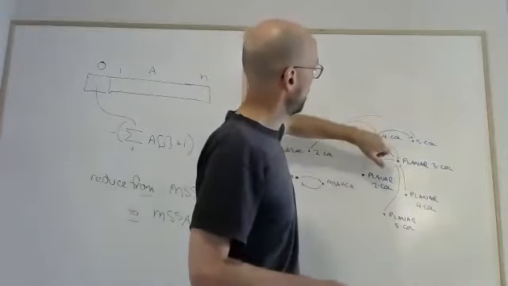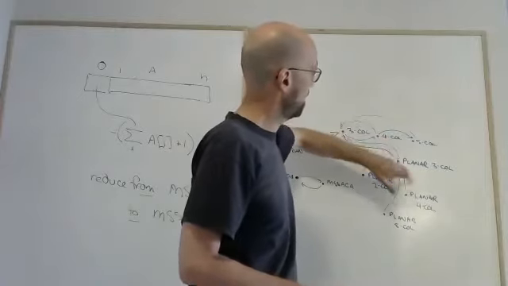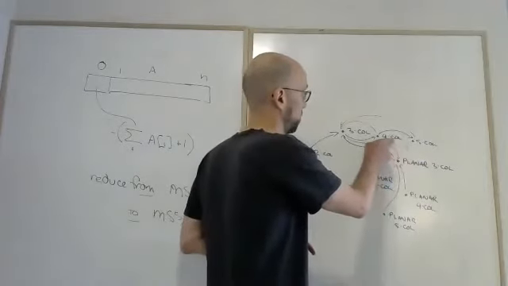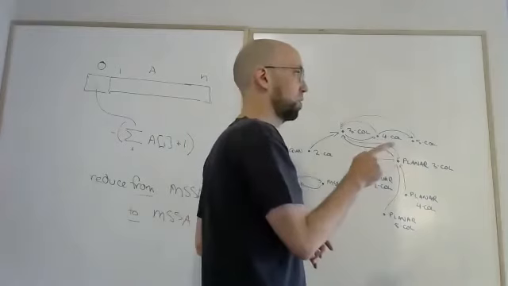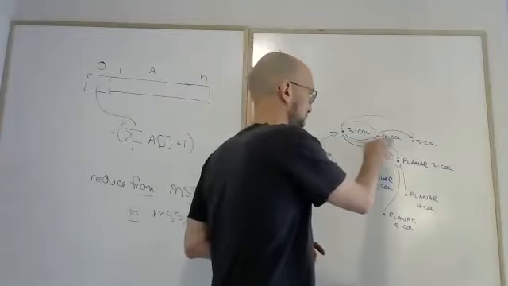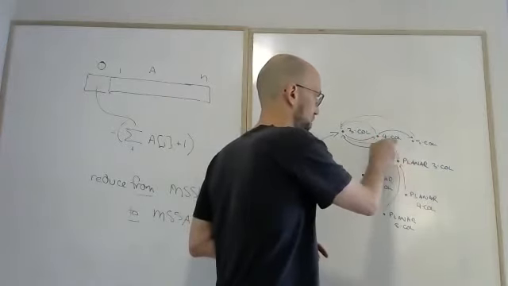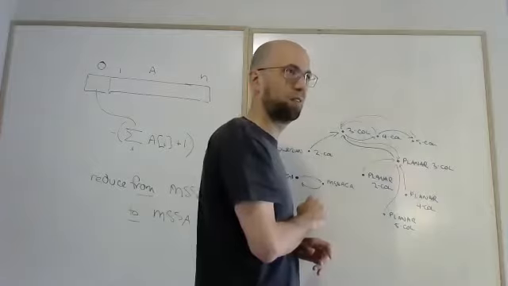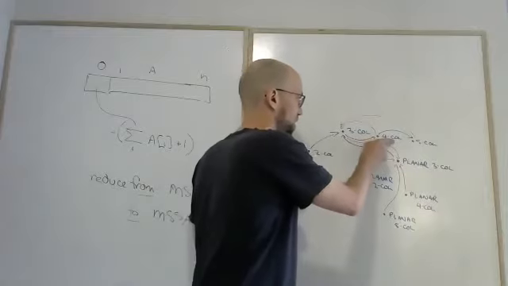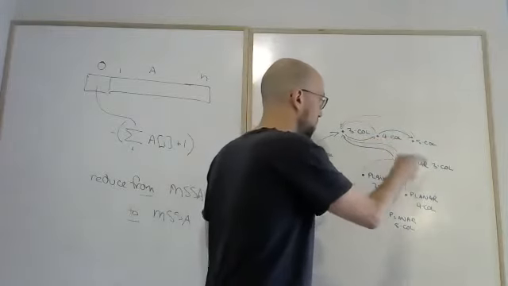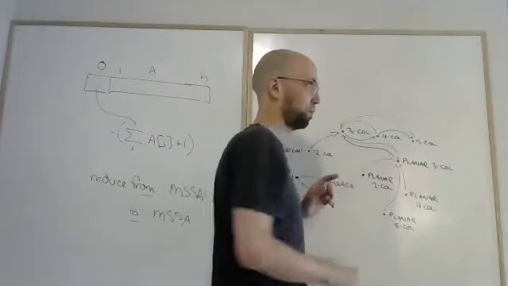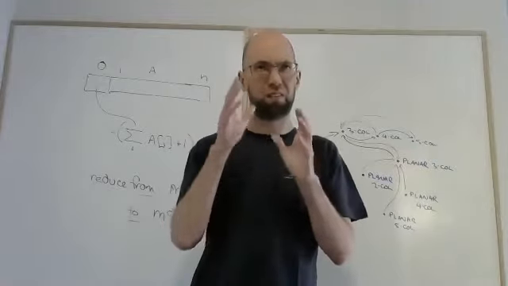But if I can show that 4-colorability is hard, then it does imply that planar 3-colorability is hard, not because I can reduce from this to this, but because I can reduce from this. This is where you get backwards. Because I can reduce from this to this, if this is hard, it means this is hard. Because if this were easy, I could solve this one by turning it into this and solving it. This is why you have to be a bit careful.